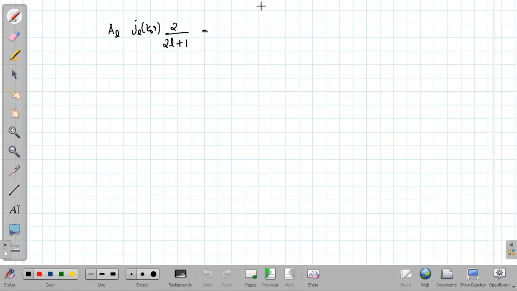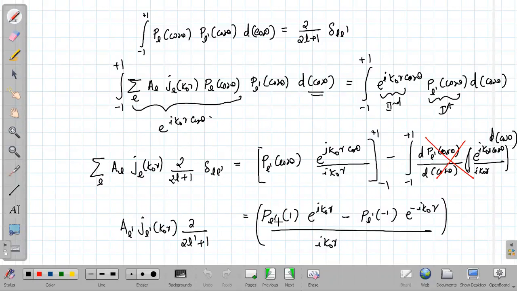Then on the right side we'll have 1 upon i k0 r, which can be taken commonly. Then P_L prime of 1 is simply 1, whereas P_L prime of minus 1 will be minus 1 raised to L. So this is simply 1, whereas it is minus 1 raised to L prime.